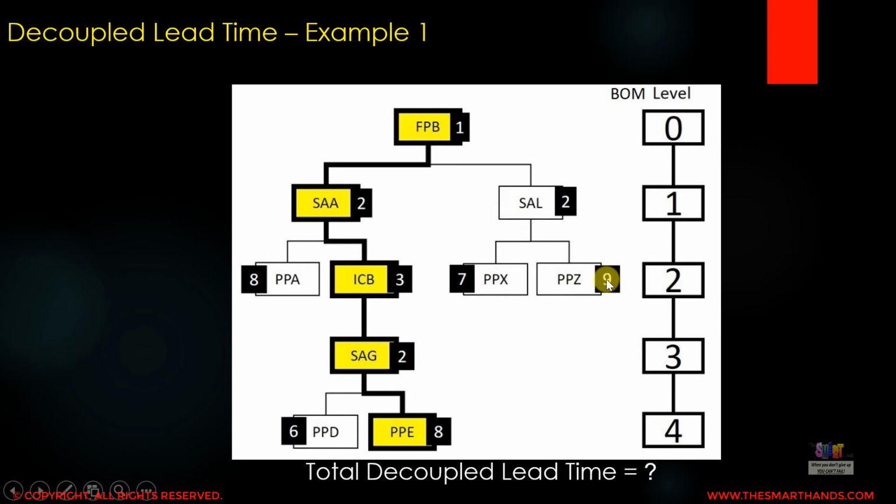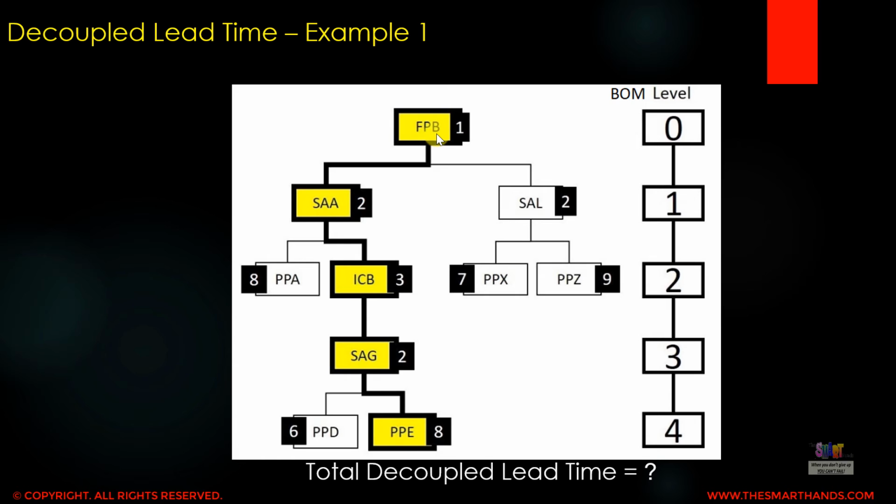So 9 and 3 is 12 days on the right hand side. But on the left hand side you can see 1 and 3, and 3 is 6, 6 and 2 is 8, 8 and 8 is 16. So in this case, for this product FPB, the system will be considering the decoupled lead time as 16, because this is the longest lead time.